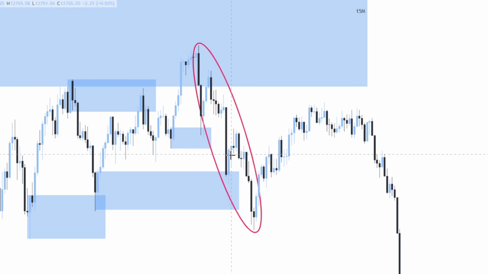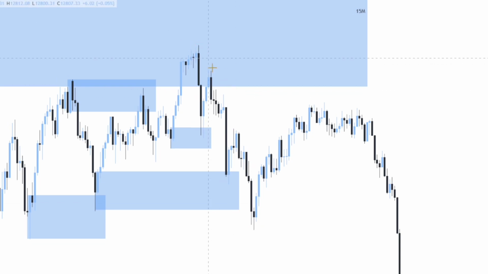In this case, it taps into the midpoint, and that's where a lot of people like to take trades. I always tell people don't get those points mixed up. I like to say go for the extreme. In this case, there's obviously an extreme, but it was already mitigated.